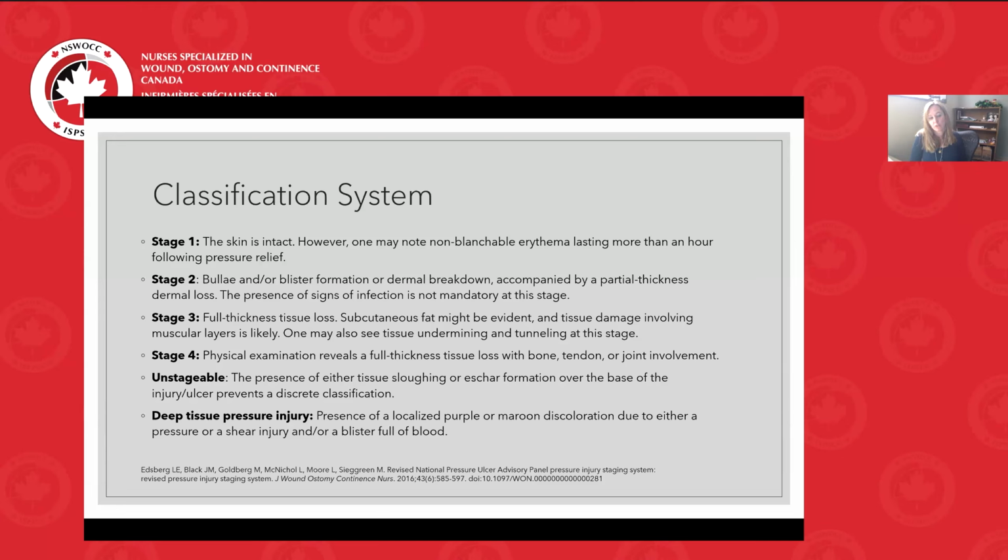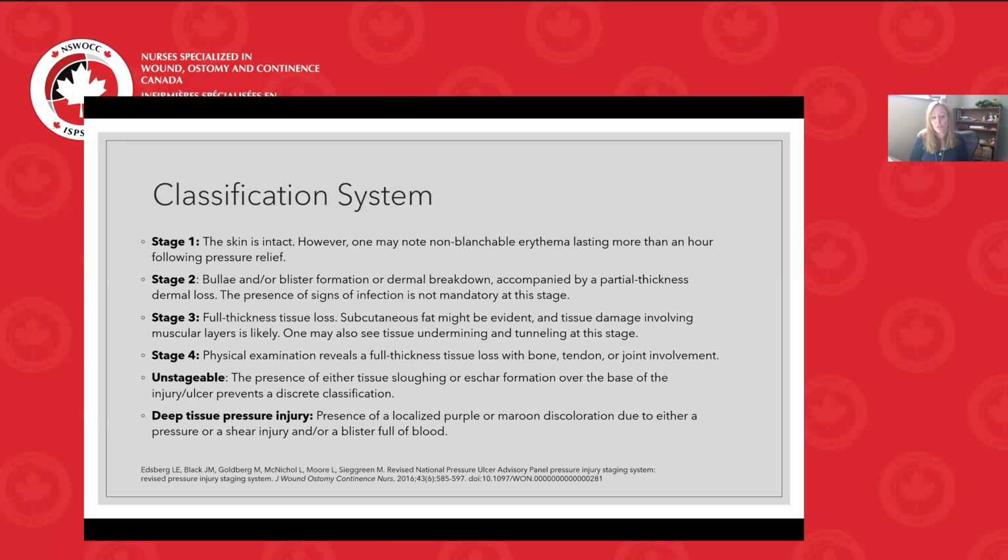We want to make sure that when we are documenting, we're staging these correctly. We want to make sure that we're able to see the entire base of the wound, because you might have an area that you think is a stage 3 with full thickness tissue loss, but you might have a very sloughy base, and in reality, if all of that was debrided off, it would be a stage 4 pressure injury.